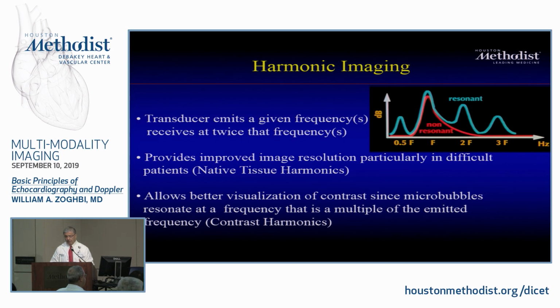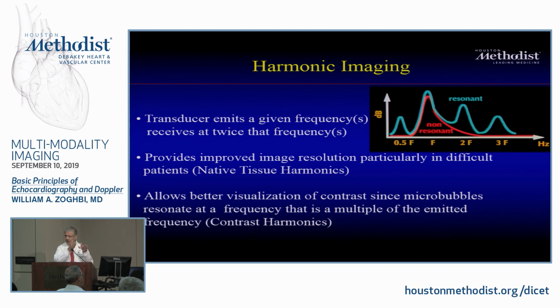But there is one downside. When you're imaging at the multiple of this frequency, so this is the resonant frequency, this is the fundamental frequency, right? When you're imaging here, although let's say you look at it and it's a 3.5 megahertz transducer, actually what you're receiving at is half, right?